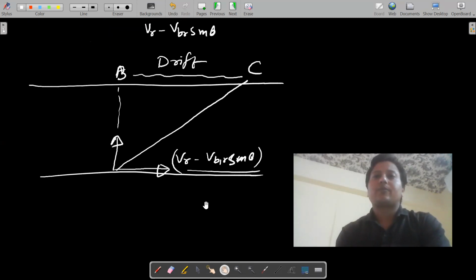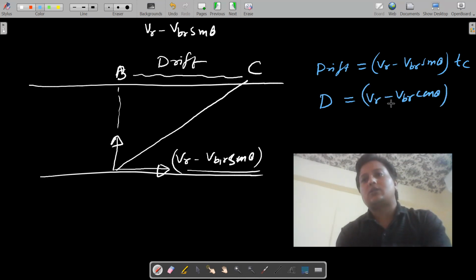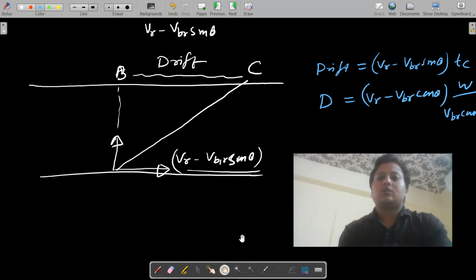What will be the drift? Drift is in the horizontal direction, along the bank. So drift d comes out to be Vr minus VBR sin theta, because the speed is constant, multiplied by the time of crossing, that is W over VBR cos theta.